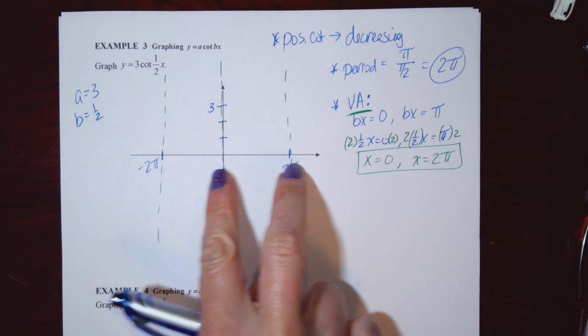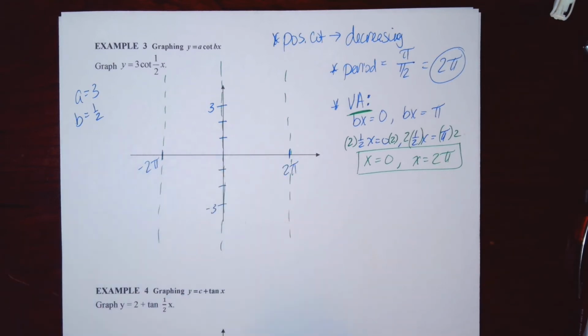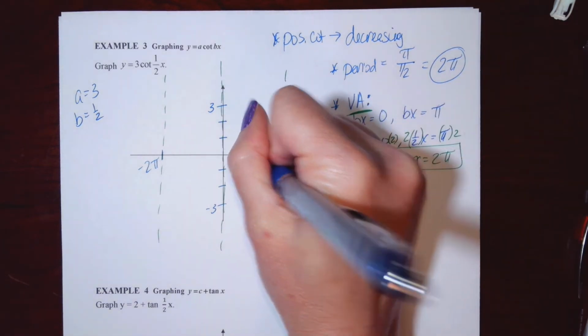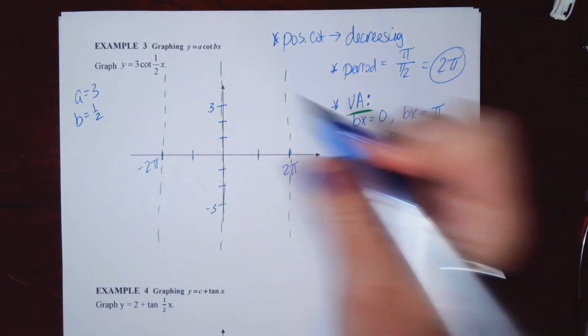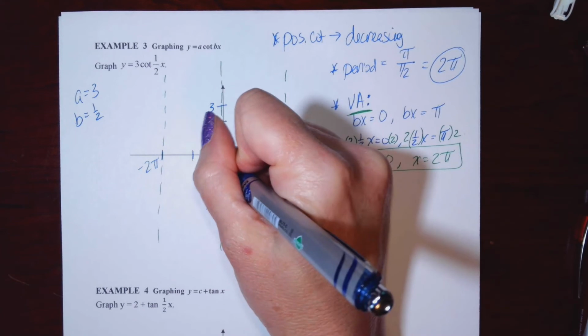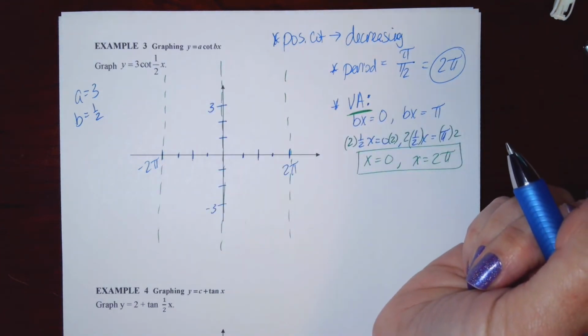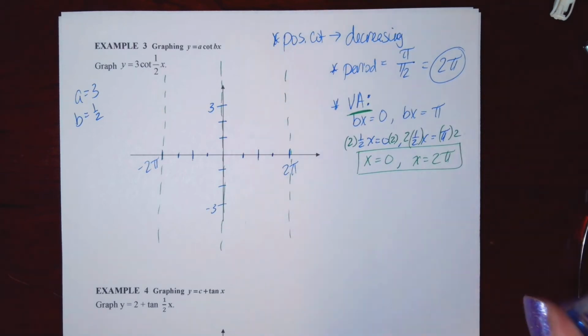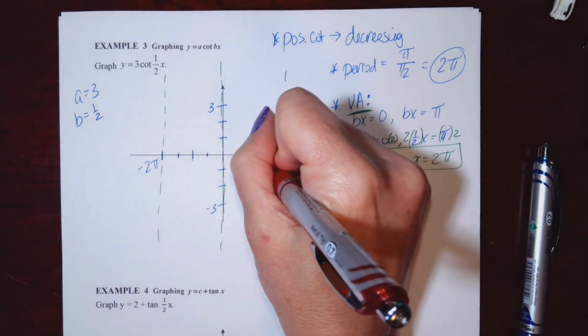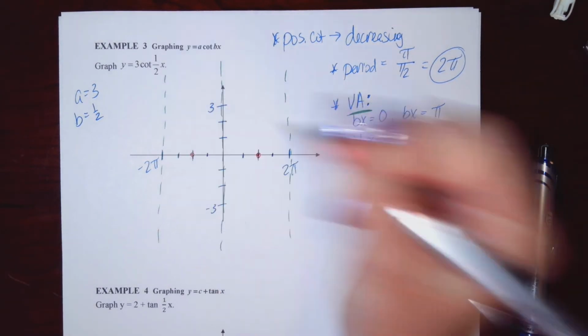So there's one cycle. We're doing a second cycle. All right. Center, quarter functions. Well, center is at 0, so that's easy enough. For both of those cycles, I'm doing 2 cycles of cotangent.